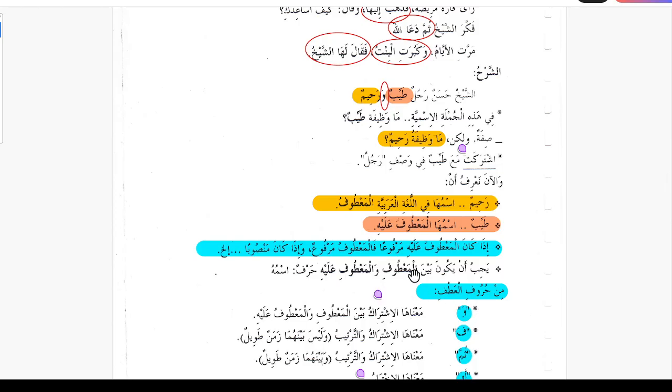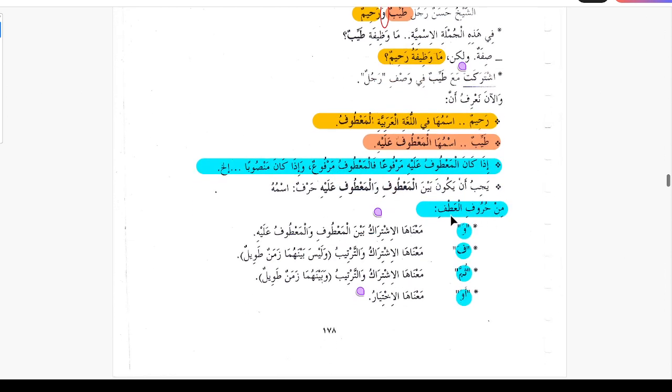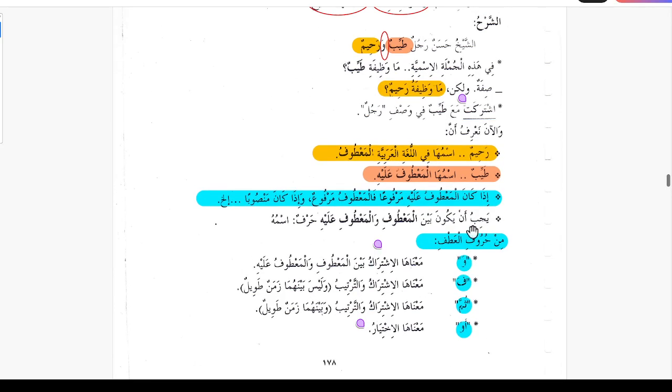So between matuf and matuf alayh there should be a harfu atfin. These are huruful ataf, the particles of connecting, like waw. Waw is used manaha istarak bainal matufi wal matuf alayh. So waw is used to connect, for joining matuf and matuf alayh.